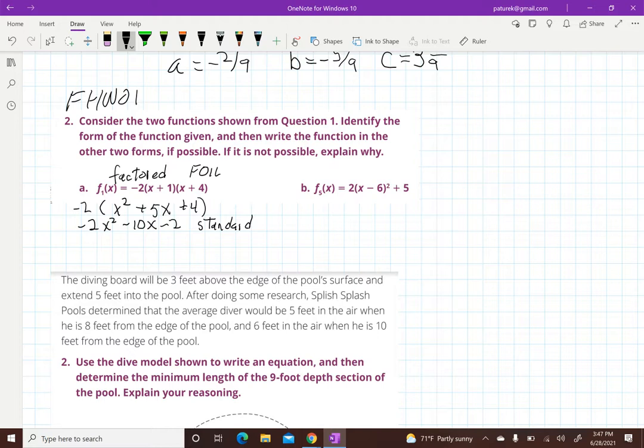So -b over 2a makes it 10 divided by -4 for the x value. -b would be +10. 2 times a would be -4. 10 divided by -4 is -5/2, or 2.5, whichever way you want to write it.